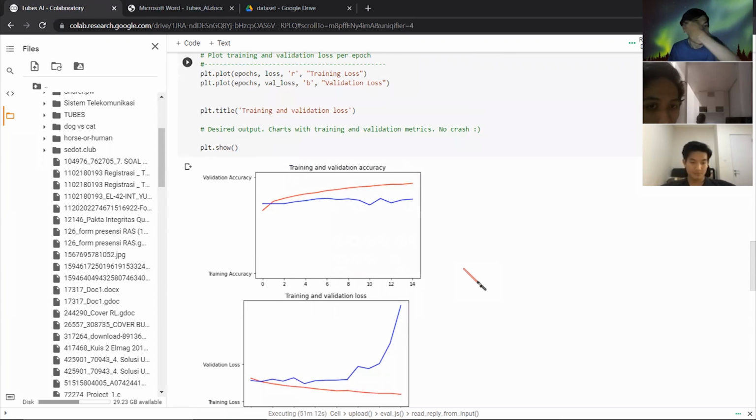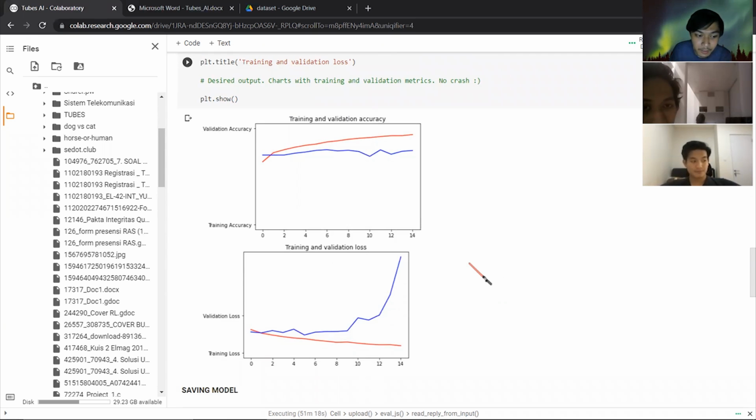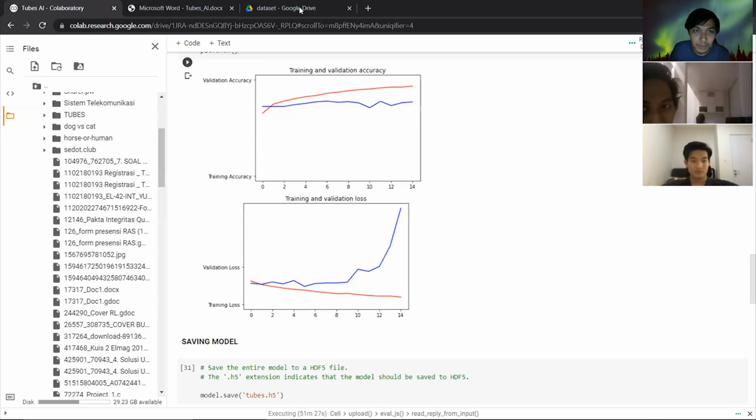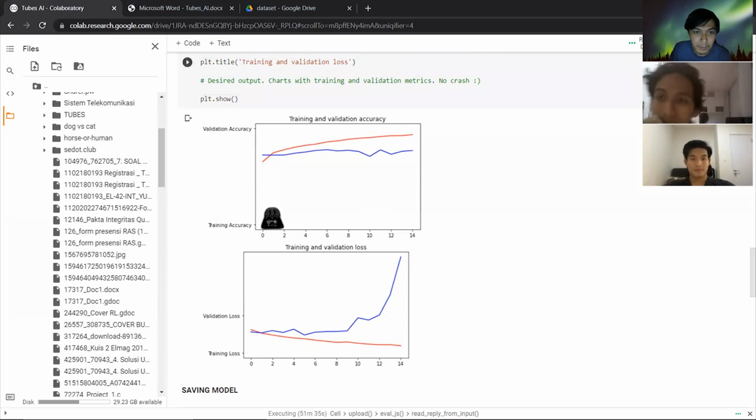But since both accuracy and loss increase at the same time, the possibility of filter extraction being biased exists. So if we want to get more accurate data, we can use cross-validation before this to make sure the data is more accurate.